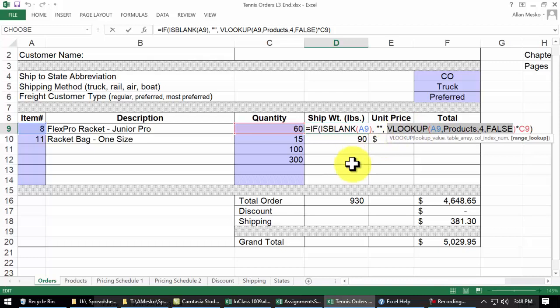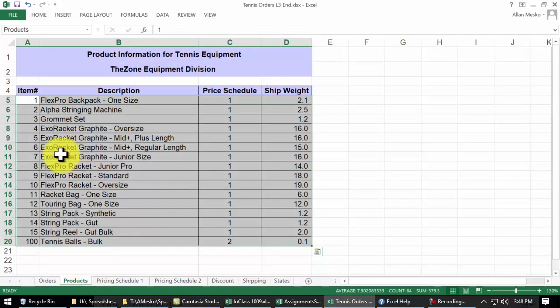And again, if this is blank, then make this blank so we don't have a bunch of errors there. So this looks up what is number 8. 8 is this. It's 14 pounds. If we ordered 60 of them, that would be 840 pounds, wouldn't it?